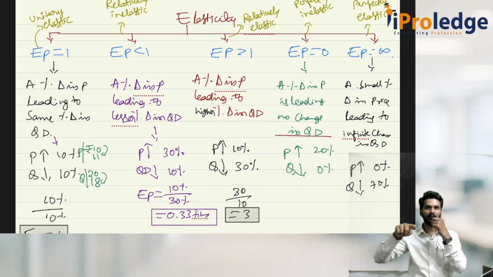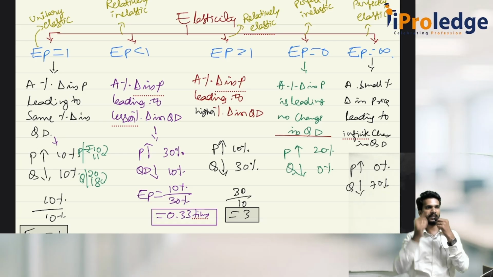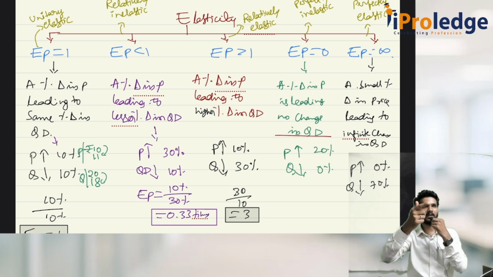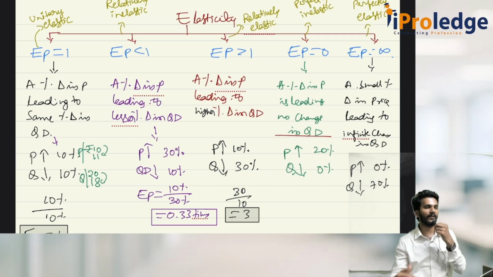Steeper means the price is changing more and quantity is changing very little. That is why it is so steep. That means price changed, quantity barely changed, so it is relatively inelastic, where it is less than 1. Steeper demand curve means relatively inelastic. Flatter means relatively elastic. Then perfectly elastic and perfectly inelastic. This is the end of the first one, price elasticity.